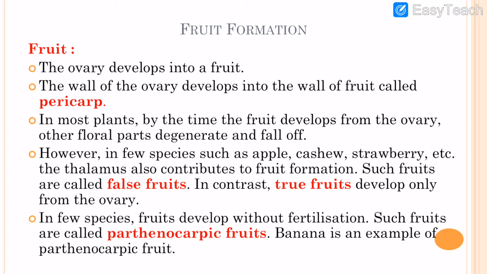Such fruits are known as parthenocarpic fruits, and these are mainly seedless fruits. You can see, for example, banana. Banana is a parthenocarpic fruit because it is developed without fertilization. It cannot have seeds. Parthenocarpy is the development of seedless fruits.